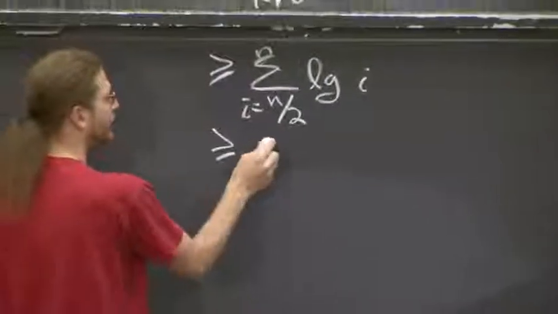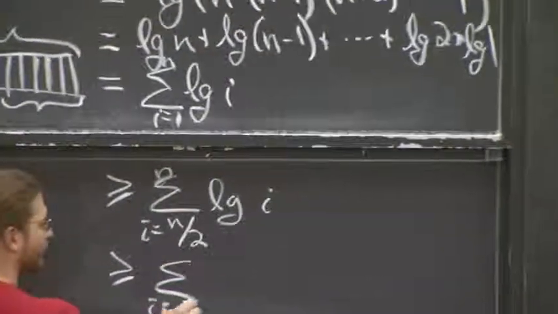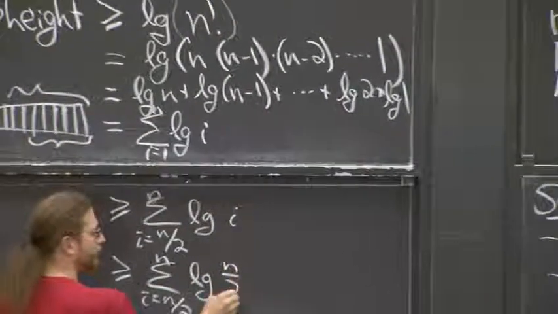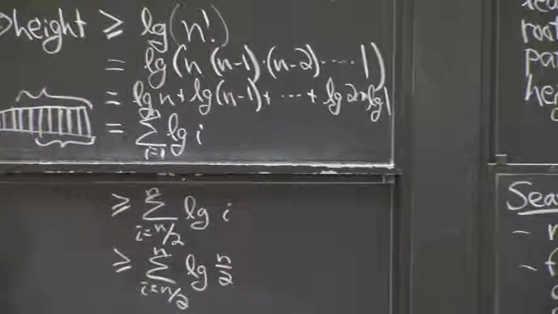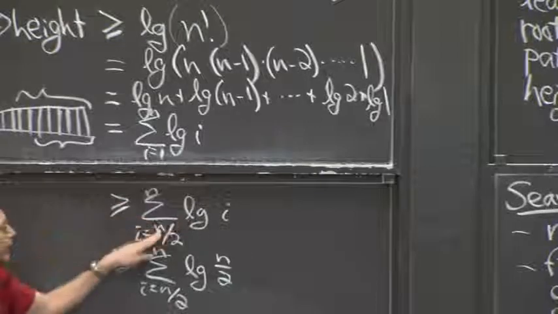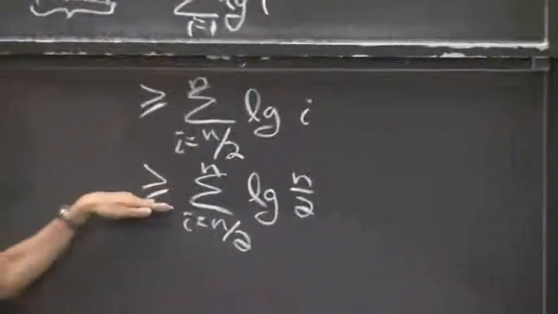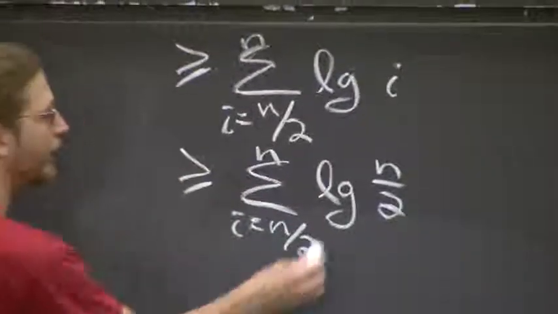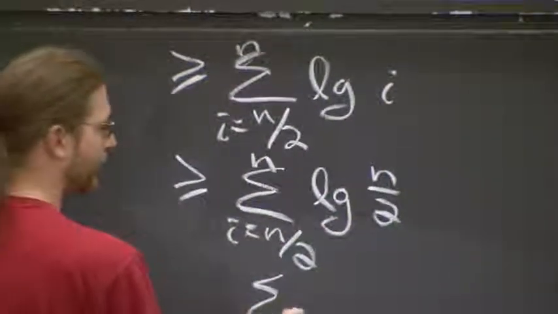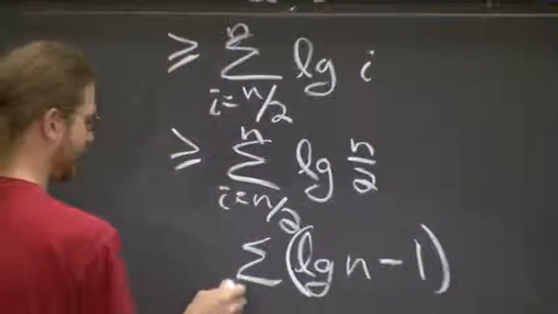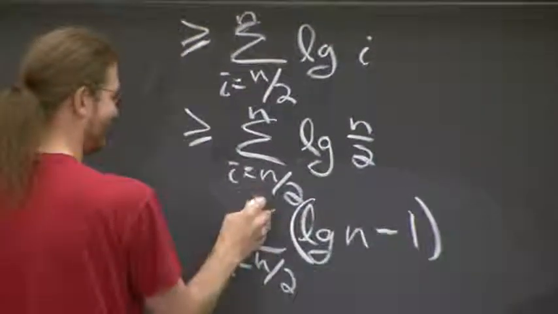And this is going to be at least the sum i equals n over 2 to n of log n over 2. Right? Each of these terms is bigger than log n over 2. So if I just say they're all log n over 2, that's going to give me something even smaller. But log n over 2, that's just log n minus 1. I love this. It's going to give the right answer even.